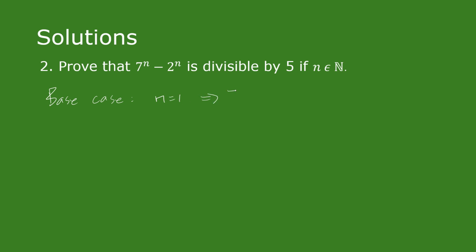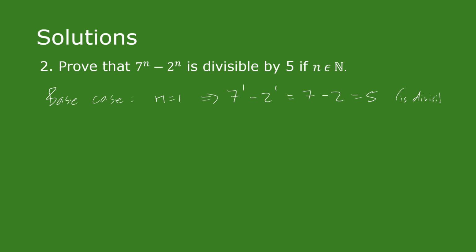So this implies that 7 to the power 1 minus 2 to the power 1 is equal to what? Well, 7 to the power 1 is just 7, 2 to the power 1 is just 2, 7 minus 2 is 5, and of course 5 is divisible by 5. So this is divisible by 5.